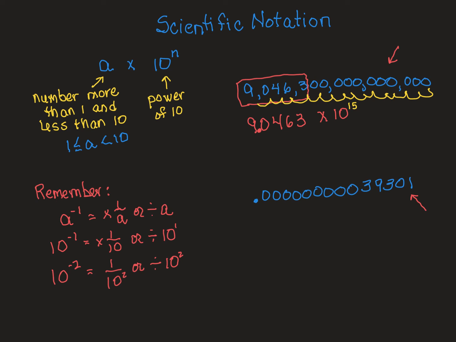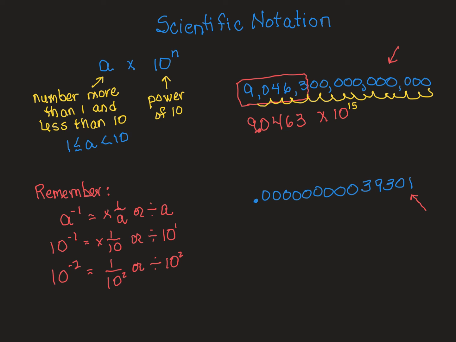I wrote down those numbers, 90463, and I said, where do I put the decimal point so that the number is greater than 1 but less than 10? Then I wrote the number. Now I have to figure out, if I put the decimal point after the 9, how many times am I multiplying by 10? And that's basically scientific notation.